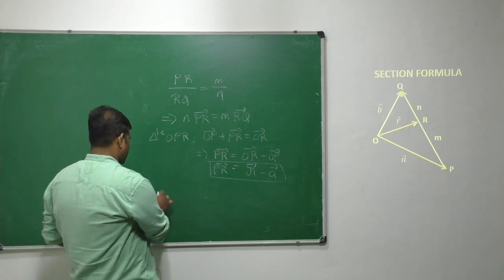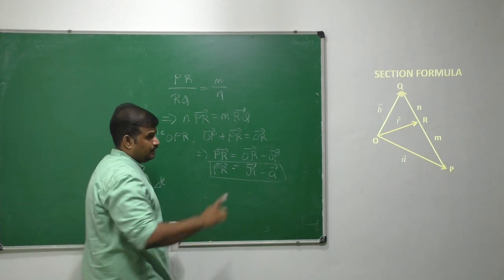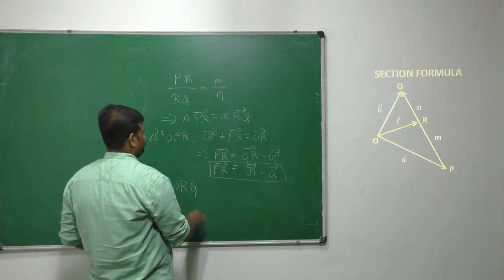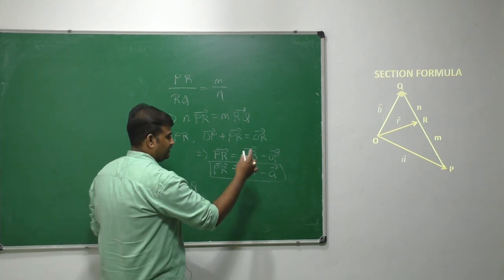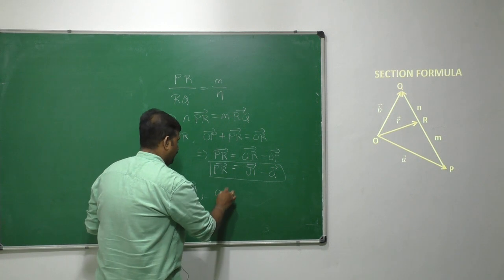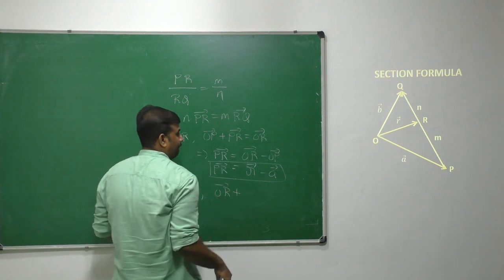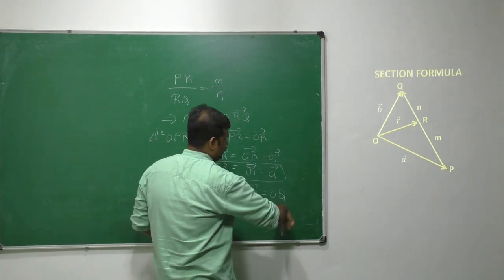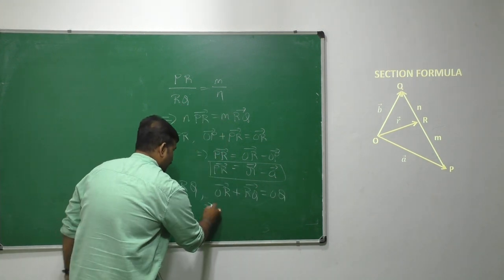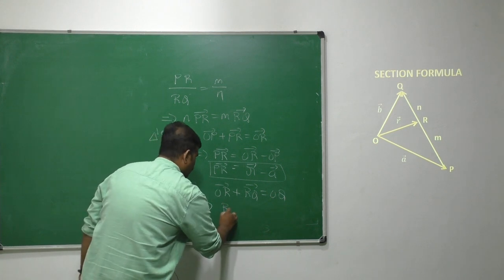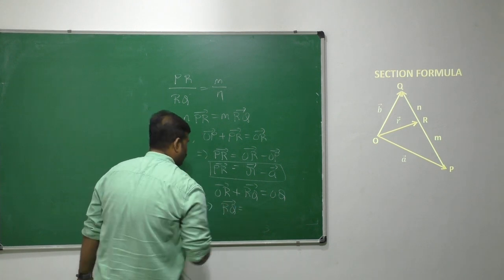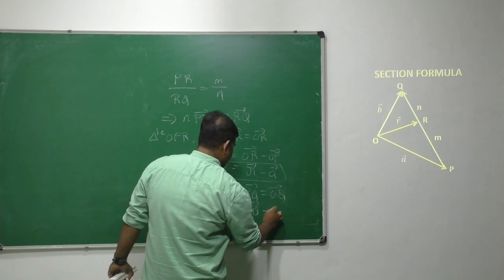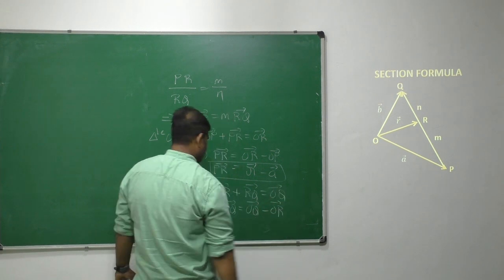Next, from the upper triangle ORQ, once again applying the triangle law of addition, vector OR plus vector RQ is equal to vector OQ. This implies vector RQ is equal to vector OQ minus vector OR.